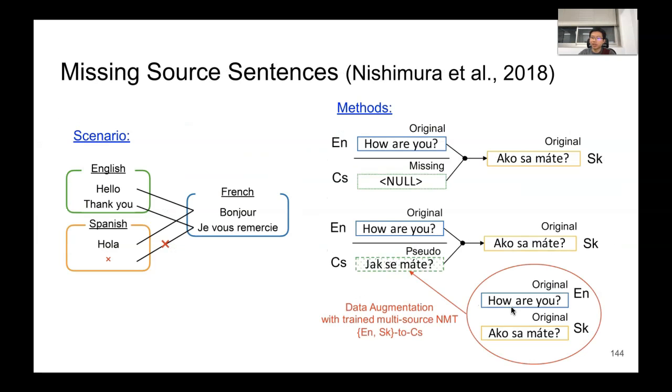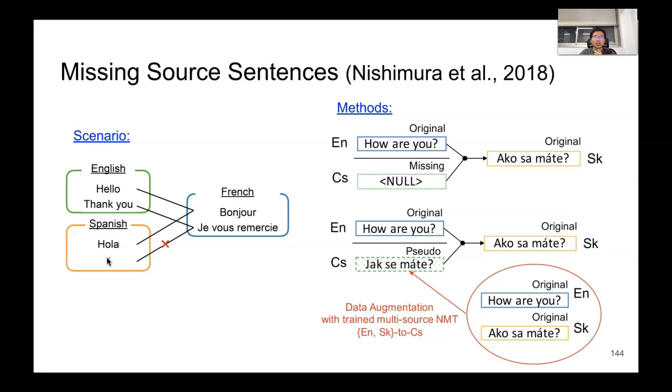Okay, so this is a case when we have a complete multi-source corpus, but we also may have some scenarios where we only have an incomplete multi-source corpus here. So only a part of the Spanish sentences has been translated into French and English, but we have missing parts here.